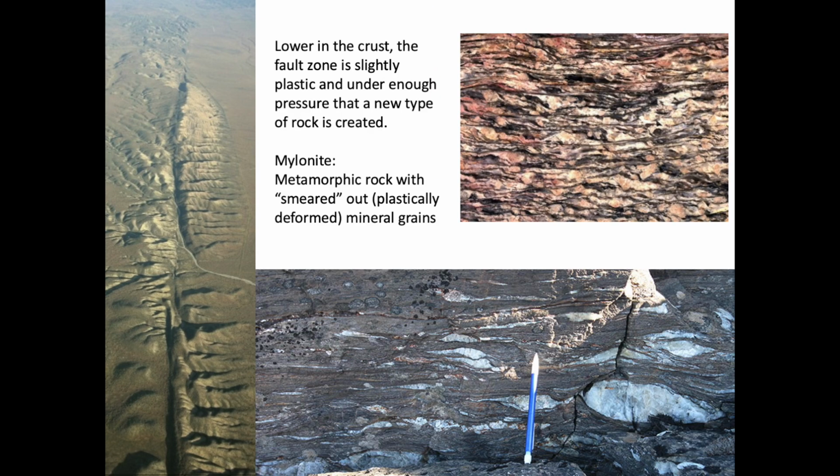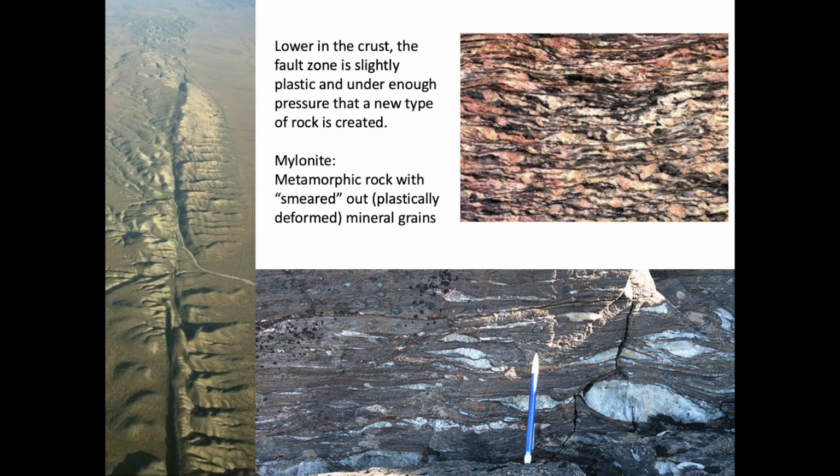Lower down in the crust, the fault zone is actually slightly plastic, and under enough pressure you get a new type of rock created, and we call that a mylonite, which is a low-grade metamorphic rock with smeared out, sort of plastically deformed mineral grains. When you look at these two examples, we can see that they look smeared and sheared and broken up laterally by high-pressure motion along a fault zone.